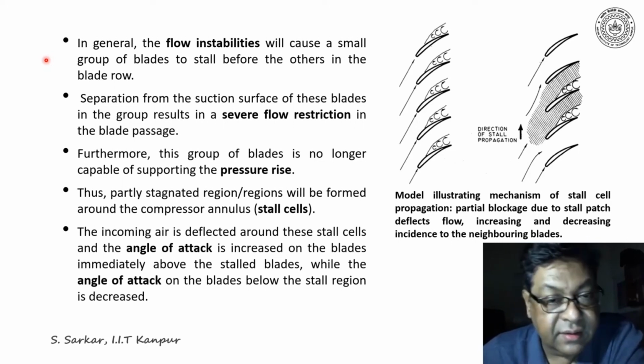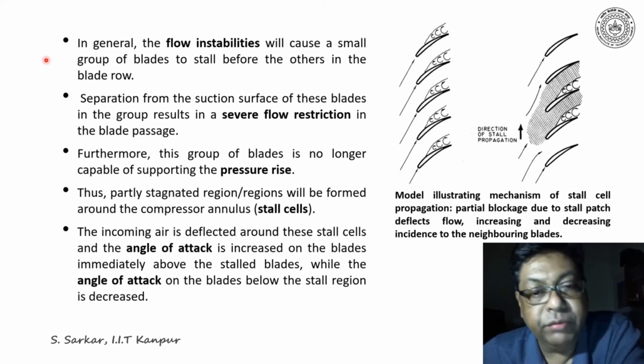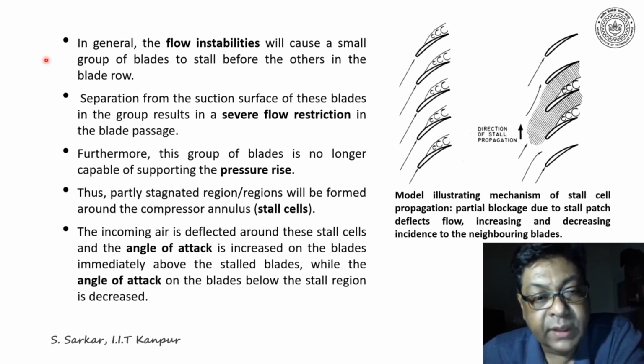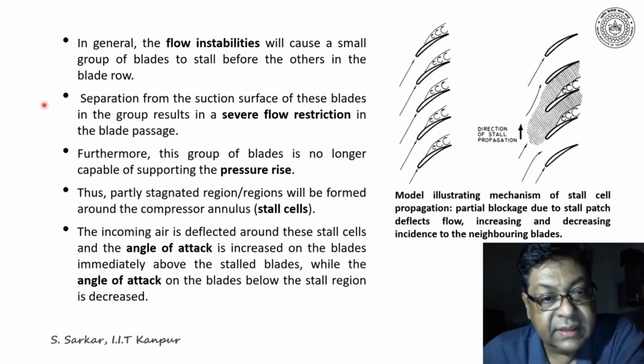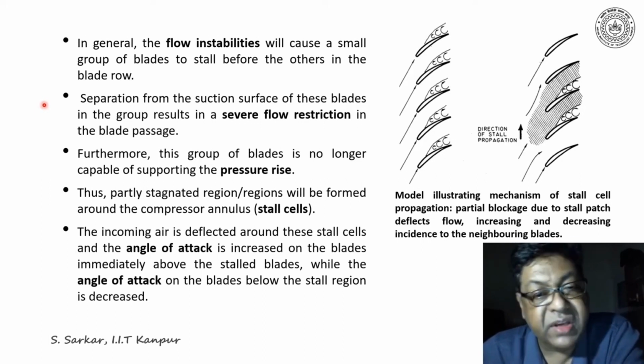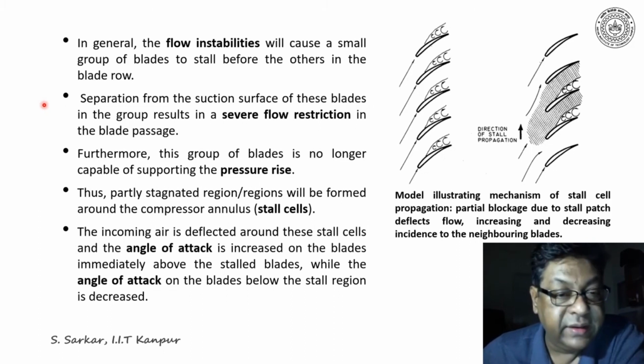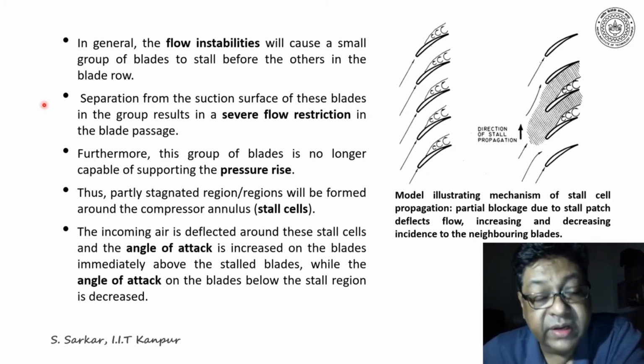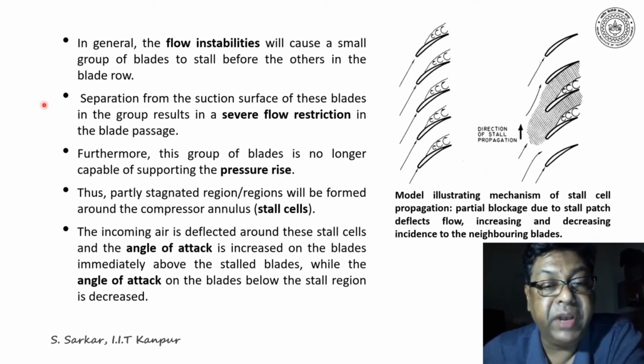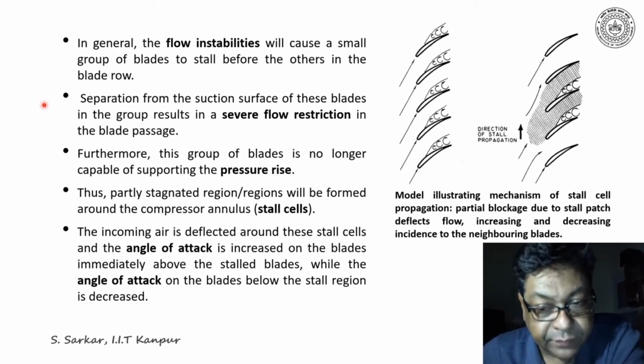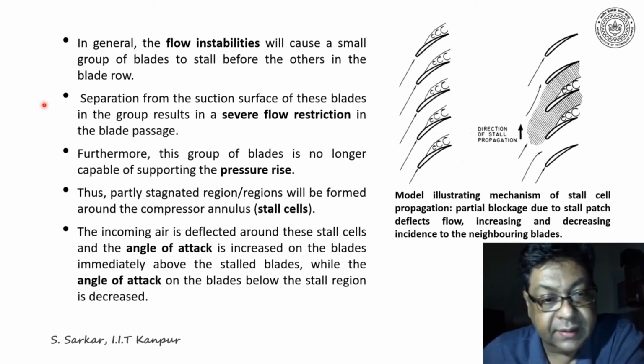In general, the flow instability will cause a small group of blades to stall before others in a blade row. Thus, the separation from the suction surface of these blades in a group results in a severe flow restriction in the blade passage.